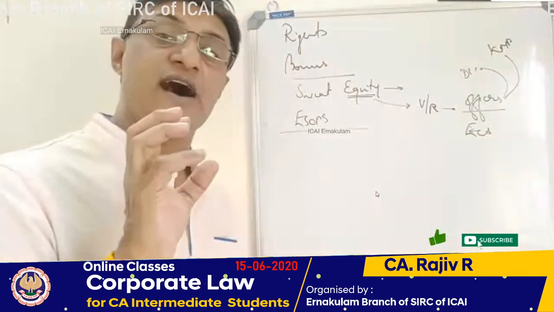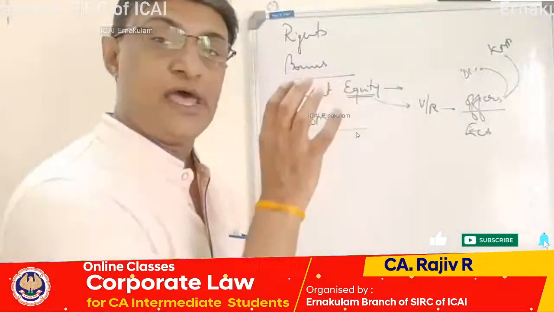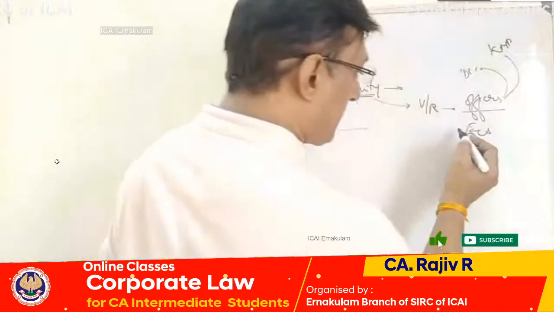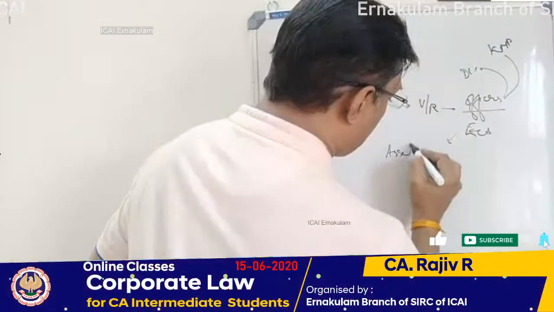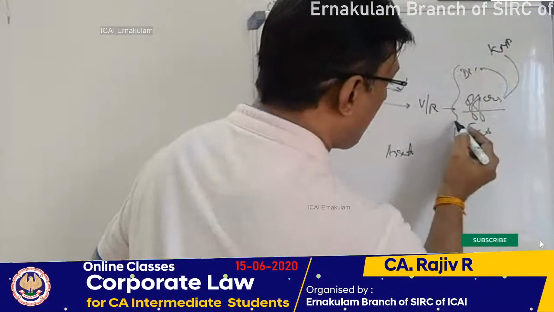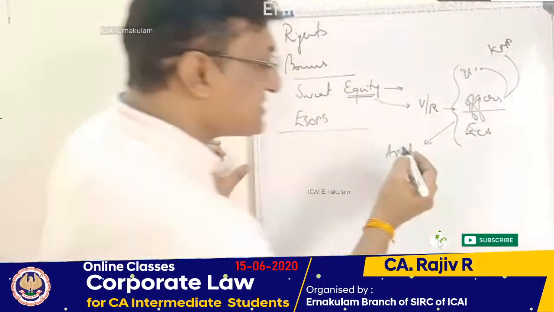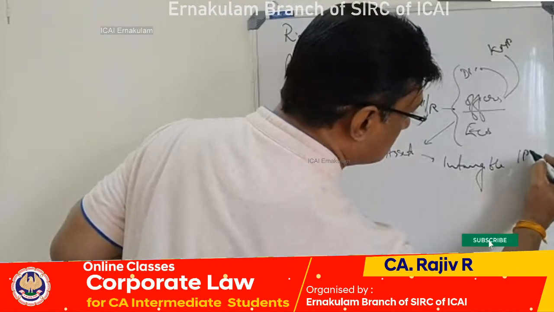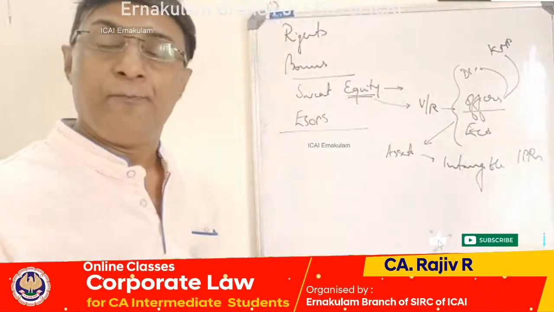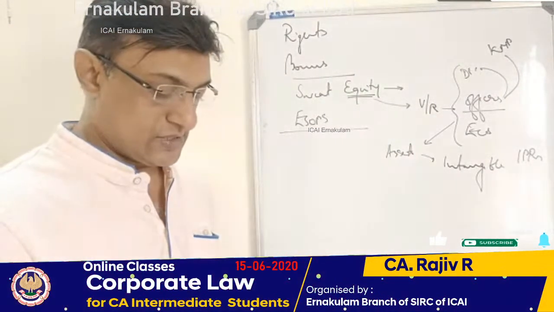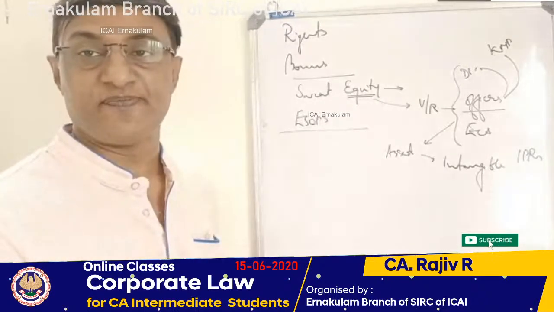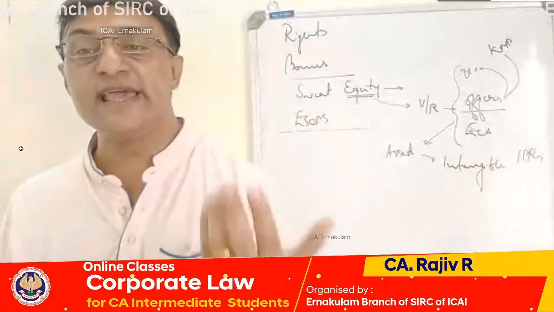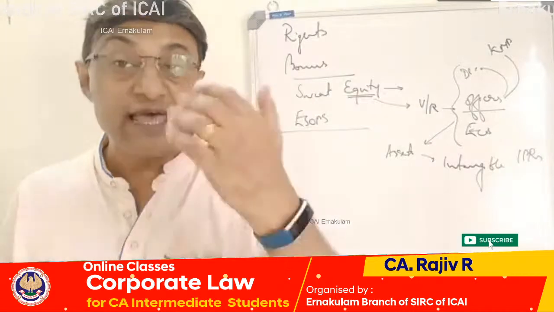Sweat equity shares are issued by a company to the directors, to the KMP, or to the employees of the company for providing assets to the company. Assets which are generally in the nature of intangible IPRs, a patent, a know-how, a copyright, a license, something which an officer gets by exercising intellectual skills, selling that to the company.